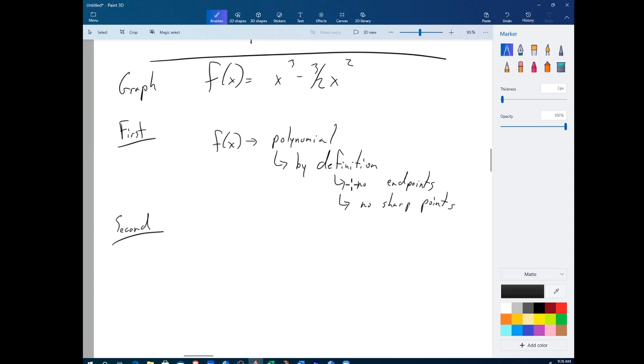Second, I'm going to apply what we call the first derivative test. And to do that, we're going to take the first derivative.